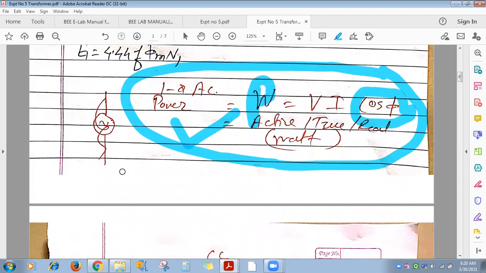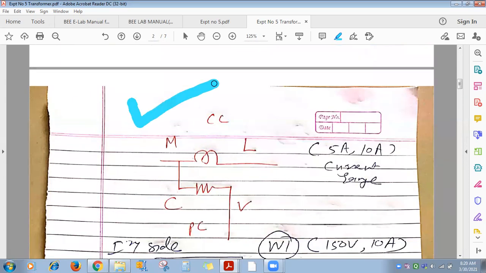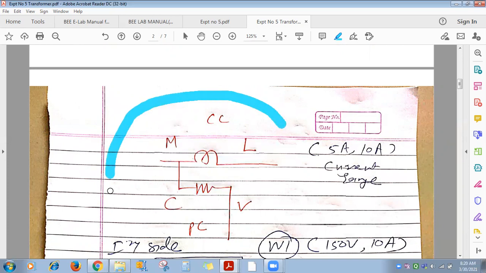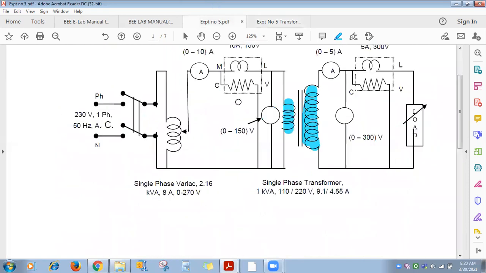So what is used to measure the power? Wattmeter. So wattmeter symbol is this one. See, this is a symbol, current coil, and this is pressure coil. 4 terminals it has, M, L, C, V. Current coil 2 terminals are marked as M and L, pressure coil 2 terminals are marked as C and V. So this is the symbol which is used for wattmeter.